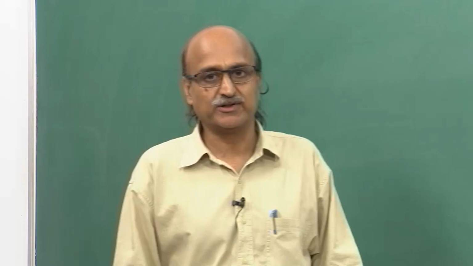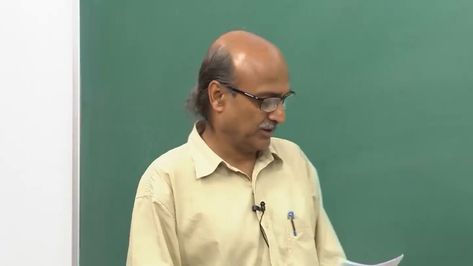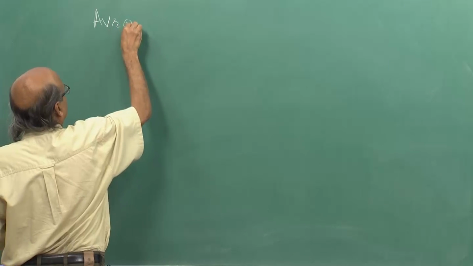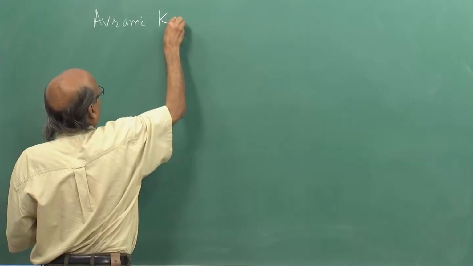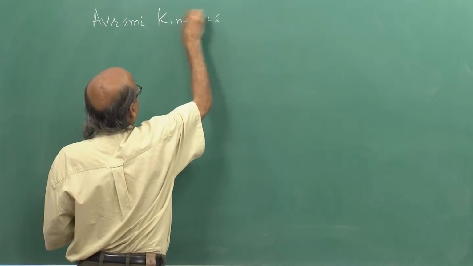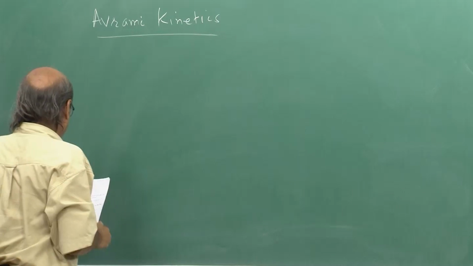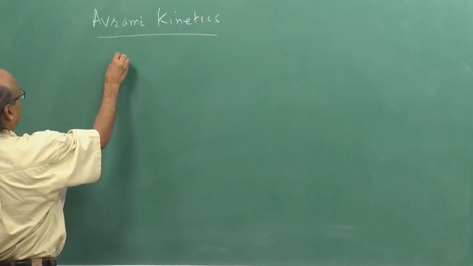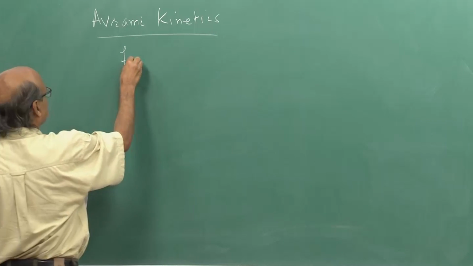So, continuing with what we were discussing in the last lecture, that is Avrami kinetics, we had considered two cases, but first let me just write down two basic relationships.